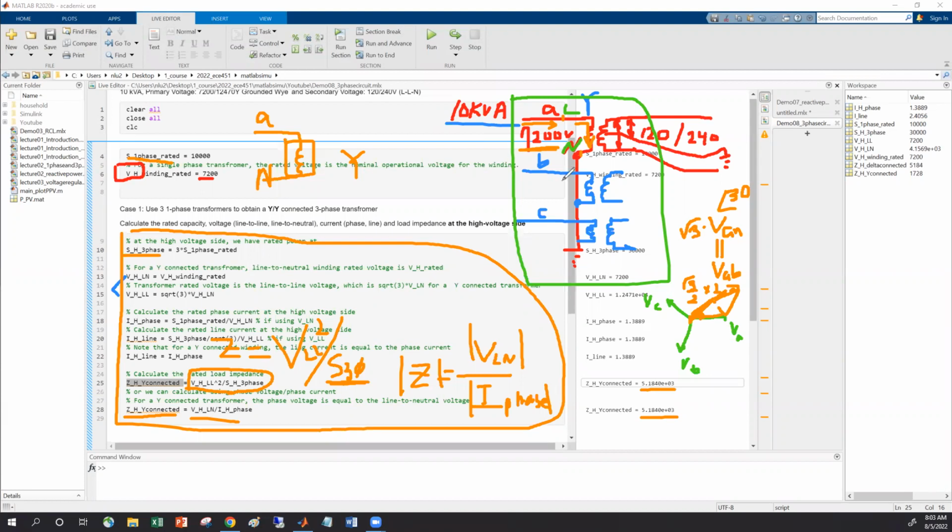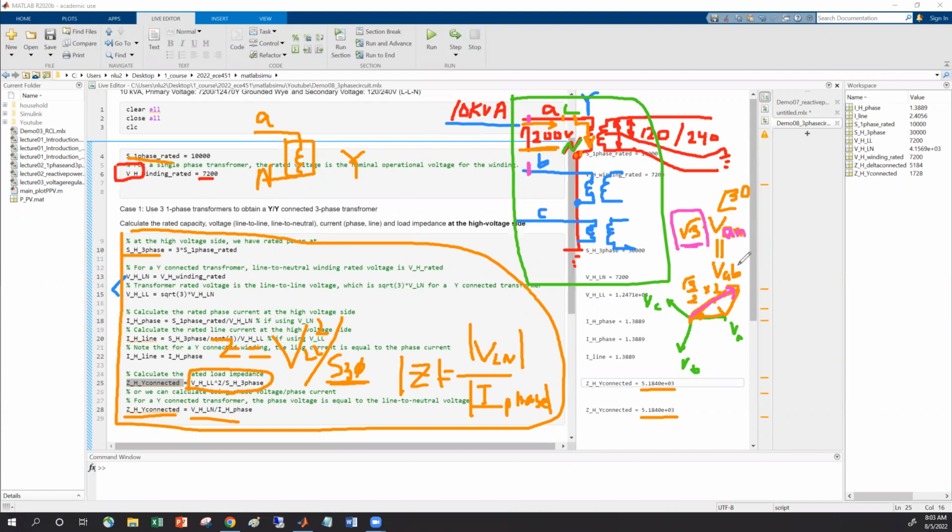But for a three-phase circuit, because there's a transformer, and depending on the transformer connection, if this is a Y-connected transformer, then there are two voltages of concern. One is a line to neutral, which is here, and the other is a line to line, okay? The line to line voltage has a magnitude square root of 3 times higher than the line to neutral voltage.